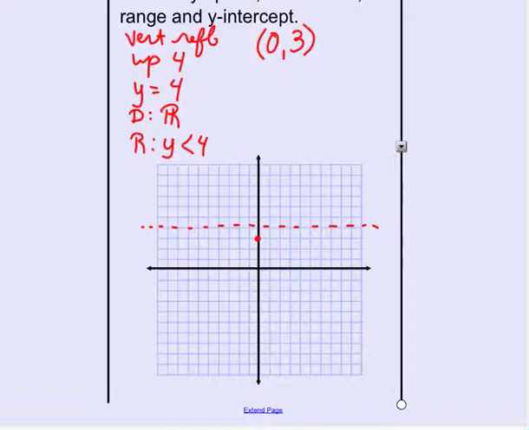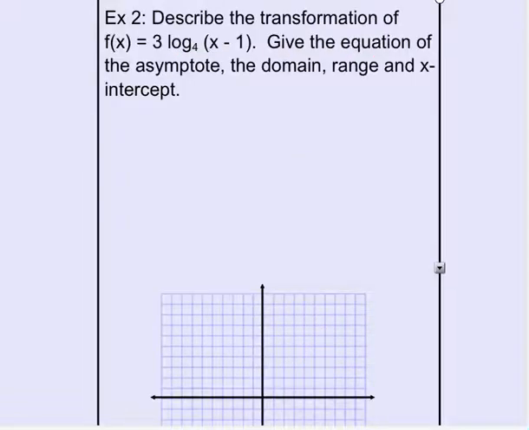I know that it was reflected vertically, so I'm picturing in my mind, instead of going up and to the right, it's going to go down and to the right, approaching this asymptote, but never actually crossing it. So there's a quick sketch of what this function looks like.